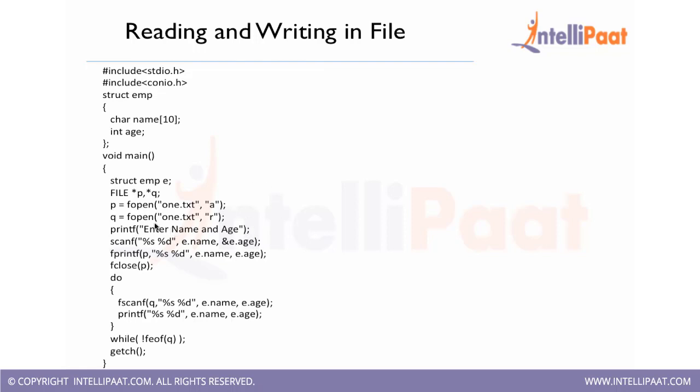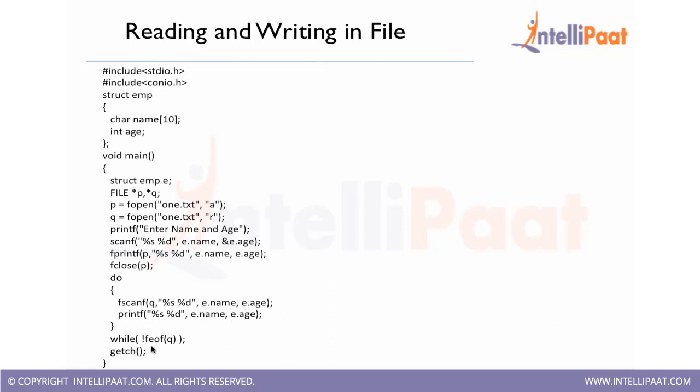Then we are getting input from the user, and then we are appending or writing it into the file. See, we are calling fprintf with the pointer p. p opens the file in append mode, so we write the data into the file. We write it in this format, %s, %d, so it will write e.name and e.age. Then we are closing the file.